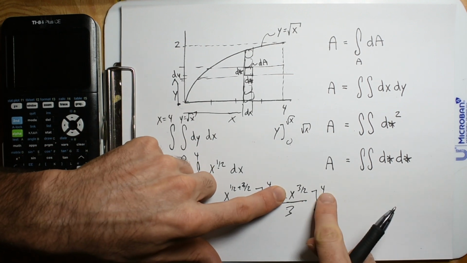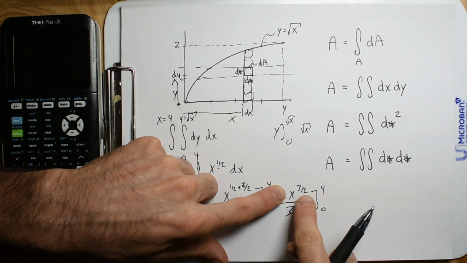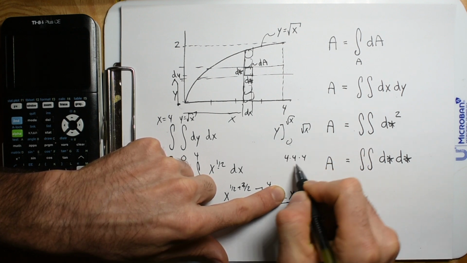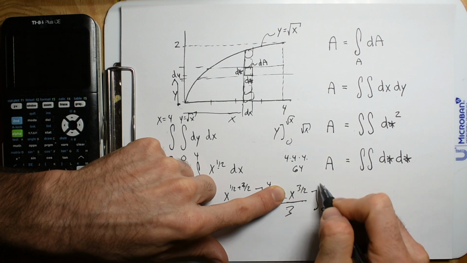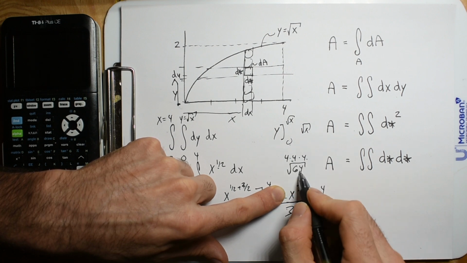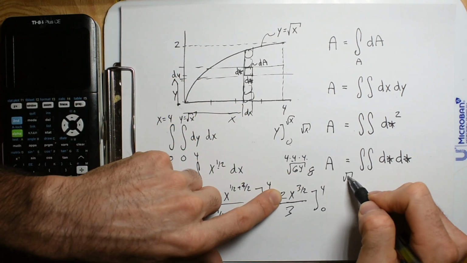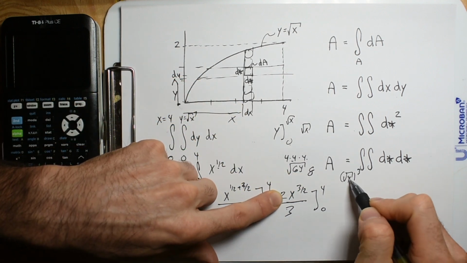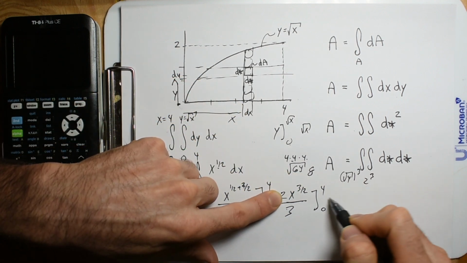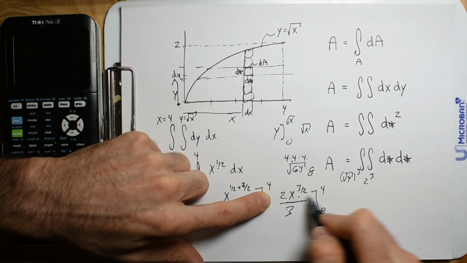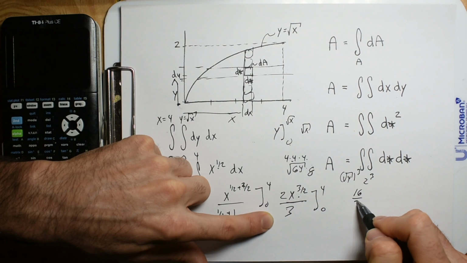When we have a fraction exponent, we could either take 4 cubed first: 4 times 4 times 4 is 64, and then take the square root of 64, which is 8. Or you could take the square root of 4 first and then cube it. The square root of 4 is 2, and 2 cubed is 8. So two different ways to get there. And then we take that 8 multiplied by 2/3. That's going to be 16/3.